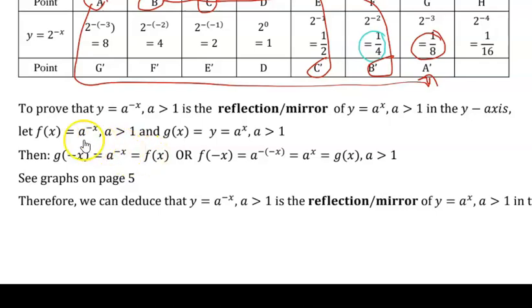But this is exactly f of x. So that means that g of minus x is the same as f of x. Or if I do f of minus x, I'll get a to the minus of minus x, which is a to the x, which is g of x, and that will prove that the one is a reflection of the other one in the y-axis.